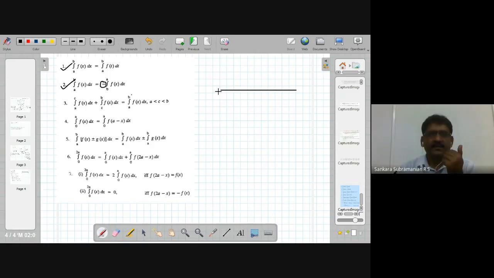All right. So this is the point A, and this is the point C, and C to B, right? This is the point. So in order to evaluate the integral from A to B, the whole integration, this can be split into subintervals. This morning kuda paathom modulus functions use panni pandrappo.